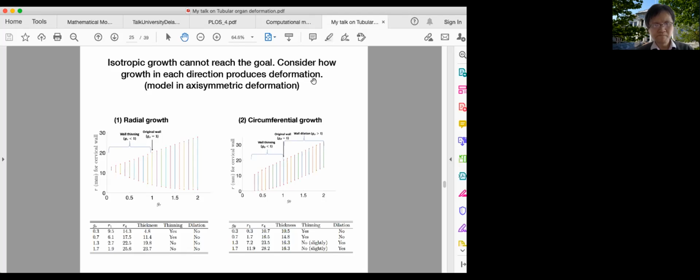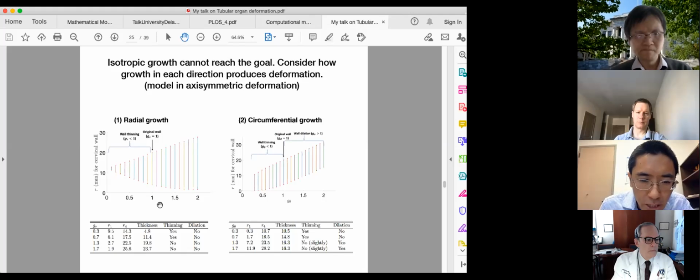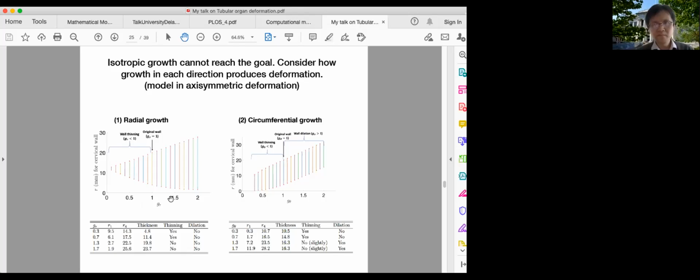Let's see for each direction how the deformation will change. For the radial growth, GR is for radial growth. If GR is 1, it means there is no growth. If it's less than 1, it's negative growth. Bigger than 1, it's positive growth. We can see for less than 1, there's wall thinning.